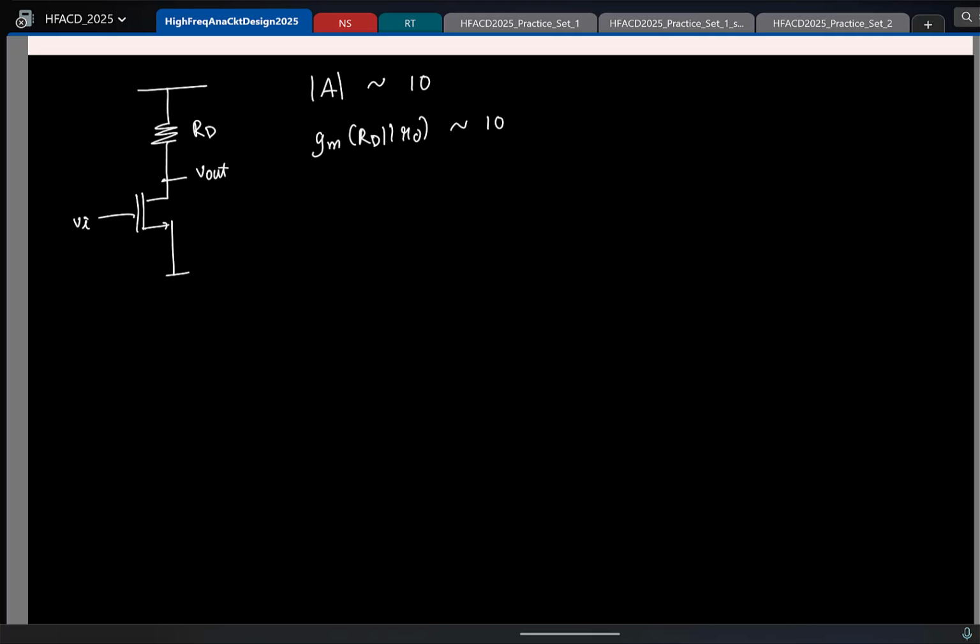So a reasonable thing to assume is R naught is much larger than RD, which means RD is small. Fine. So how does the gain approximate? As GMRD. That's it. This is the first approximation, or sorry, not approximation, assumption I am making.